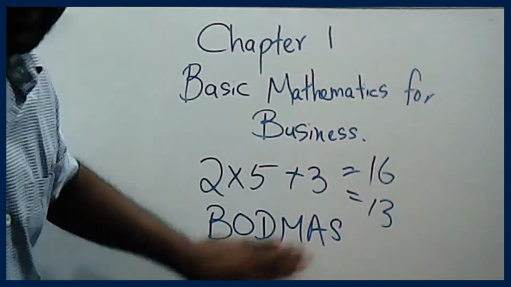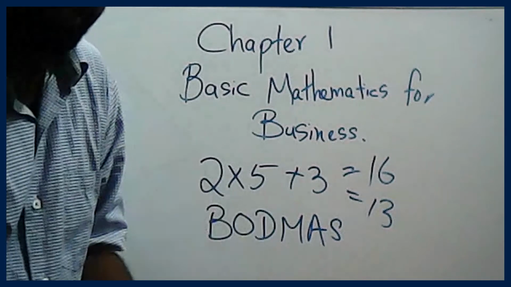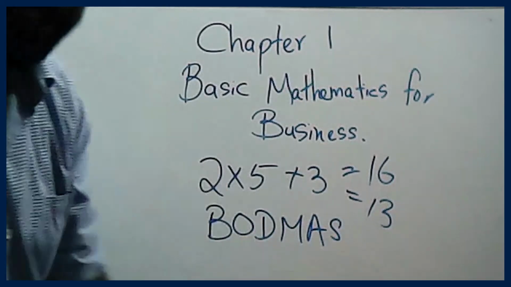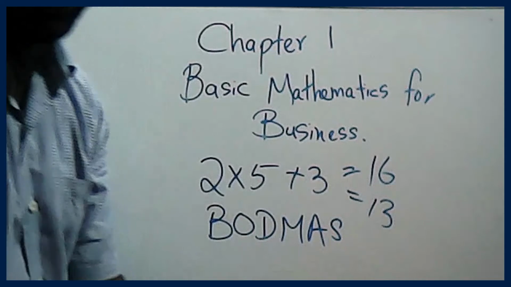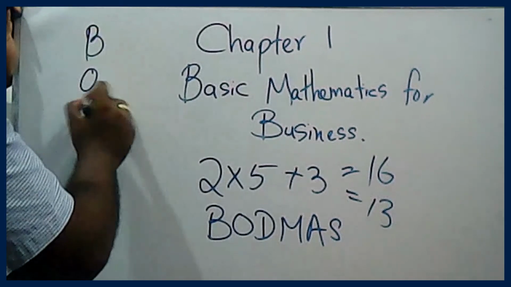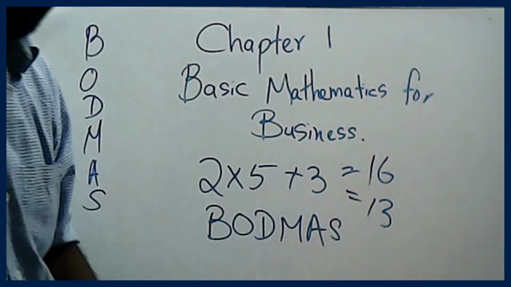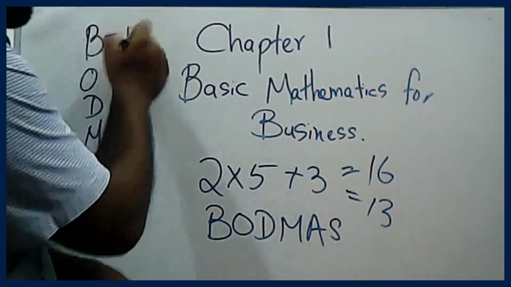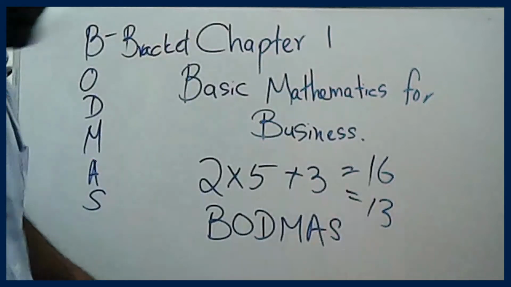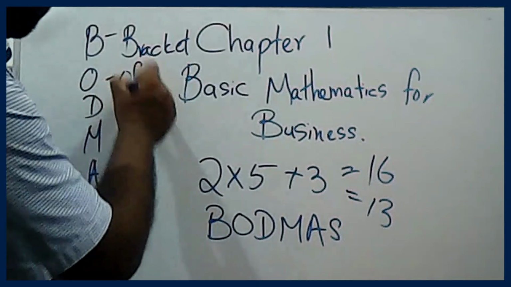BODMAS says which type of calculation or mathematical function you need to do first, right? So when I write it like this, B means bracket. O means off.